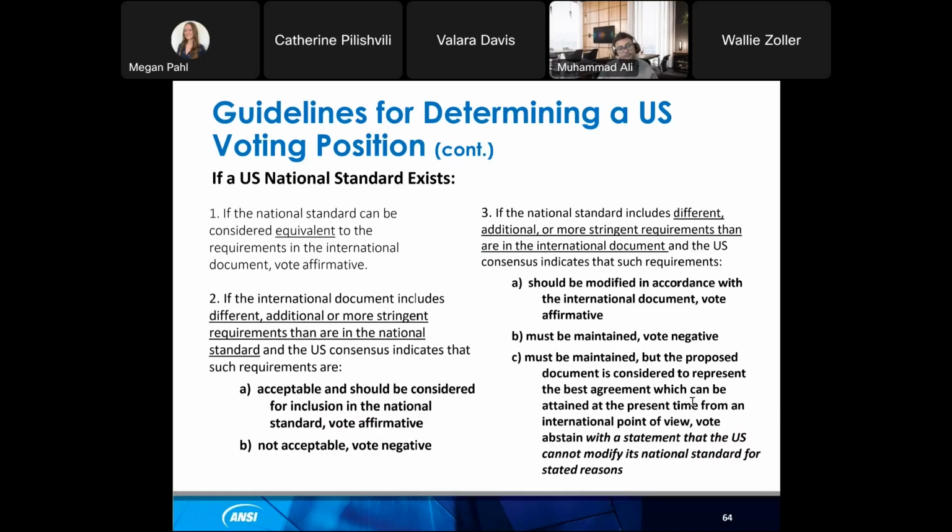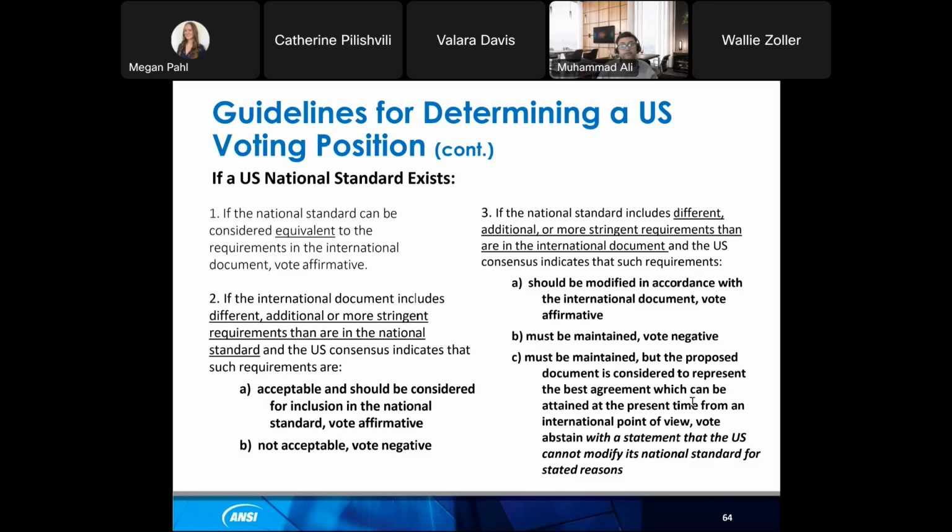If not acceptable, of course, you vote negative with reasoning. And then if the national standard includes different, additional, or more stringent requirements than the international document, and the U.S. consensus within the tag itself indicates that such requirements should be modified in accordance with the international document, then you vote affirmative.